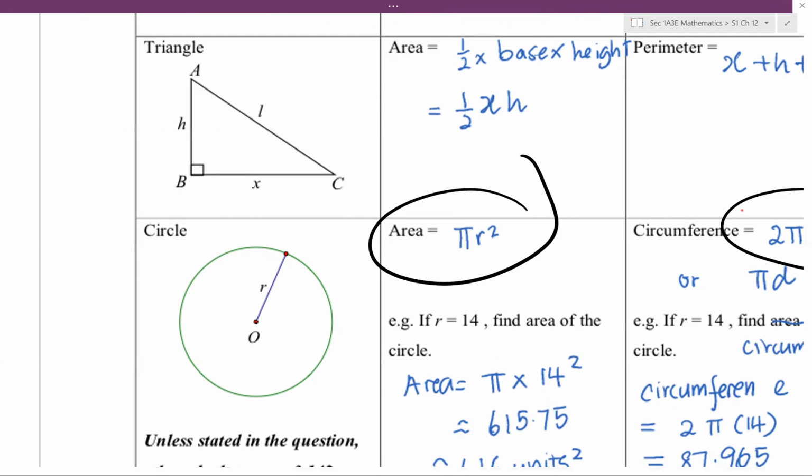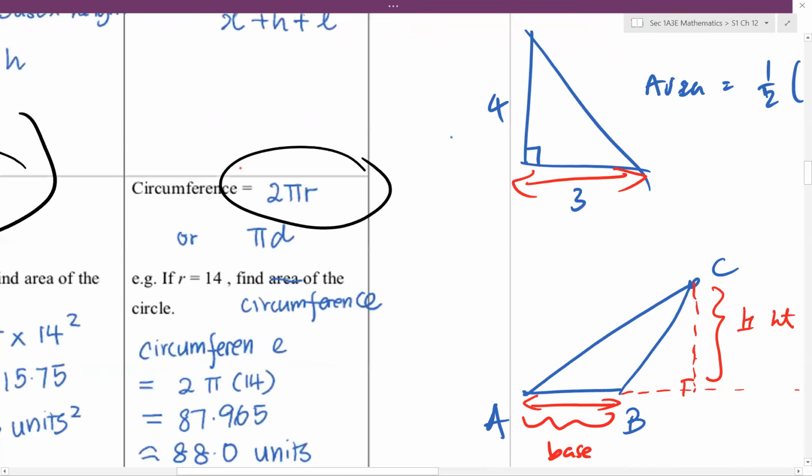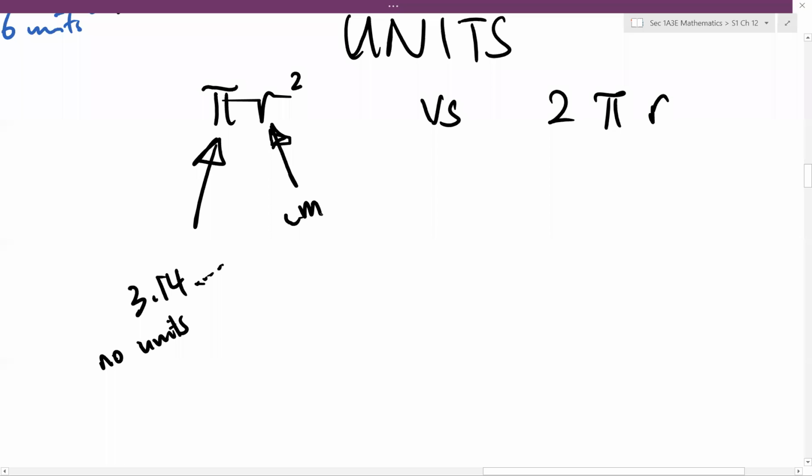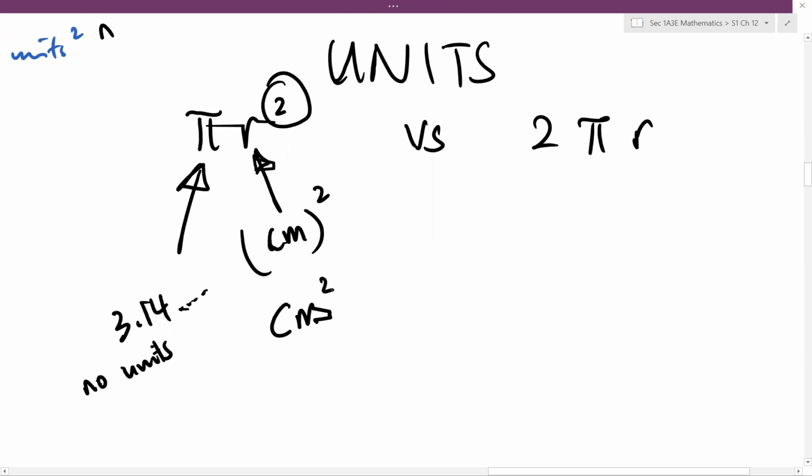What is an example of units for r? Example, cm. What happens when you square a cm? Oh yeah, cm square, right? When you square the cm, you get cm squared. You end up with square centimeters.